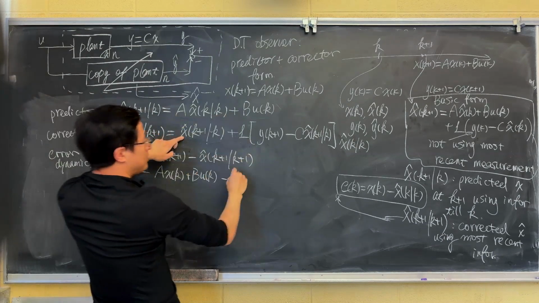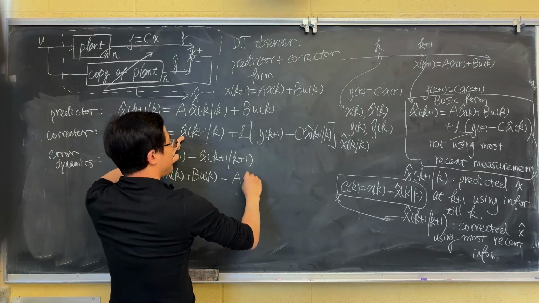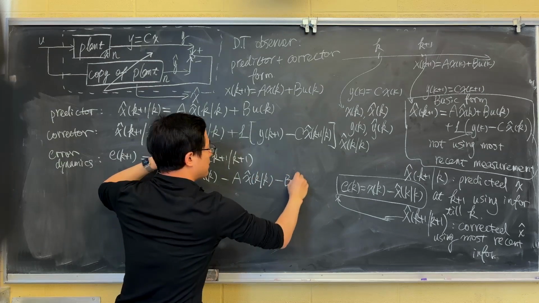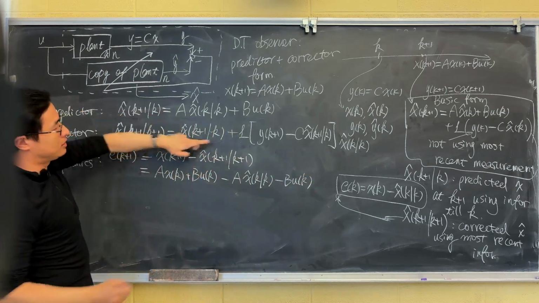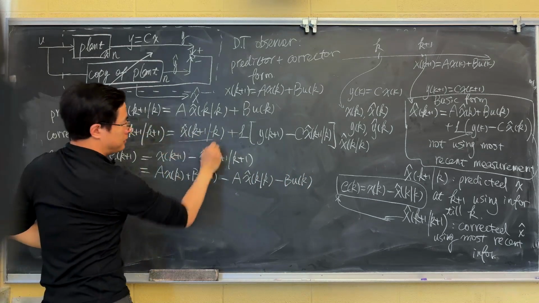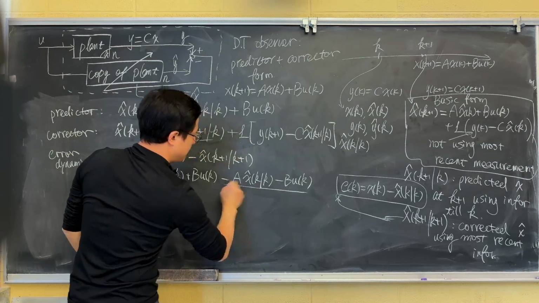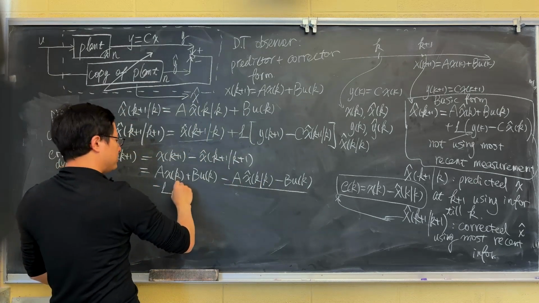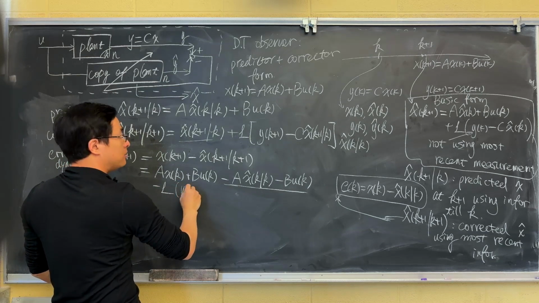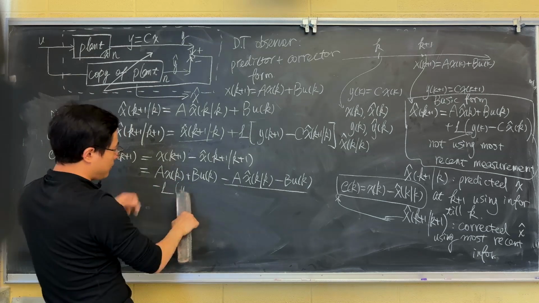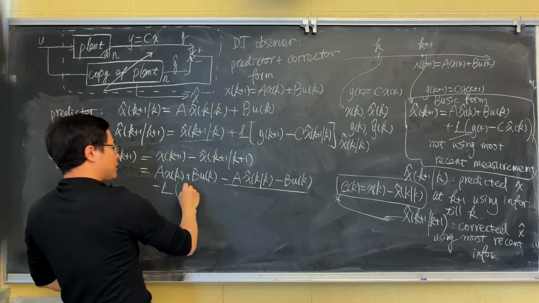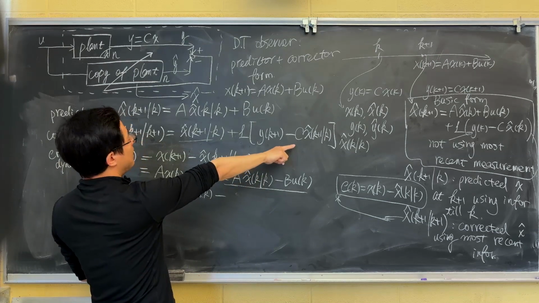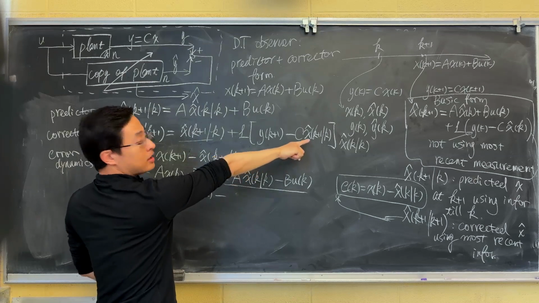This one equals the first equation here, so I'm going to combine the steps a little bit. So it's minus A x hat k|k minus B u k. So we finish this part. Then minus this one, so it's minus L y k plus 1 minus C x hat k plus 1 given k.